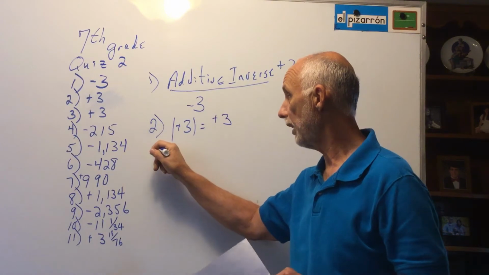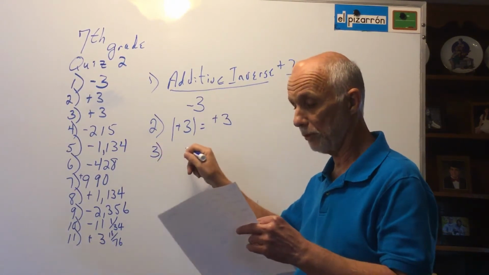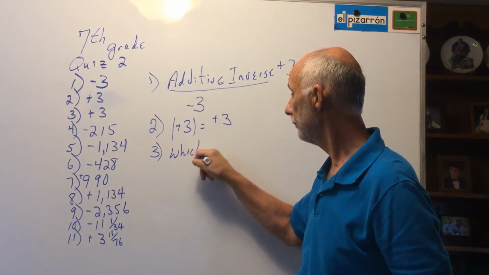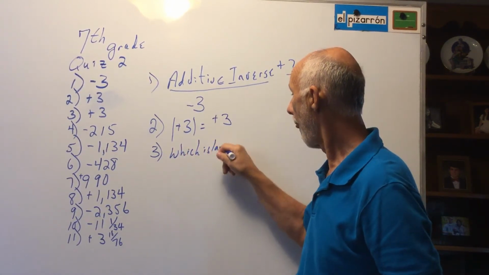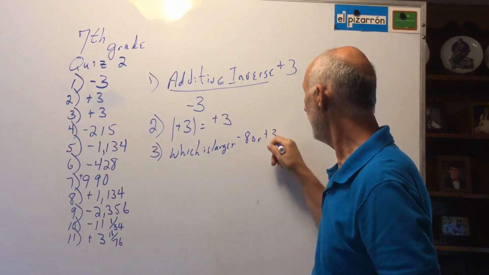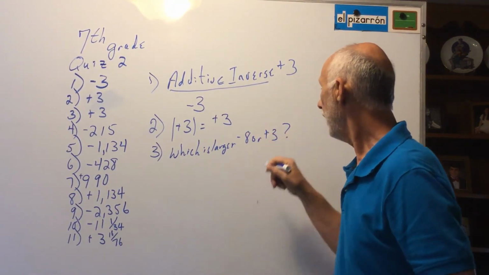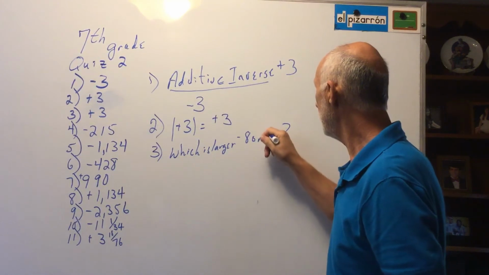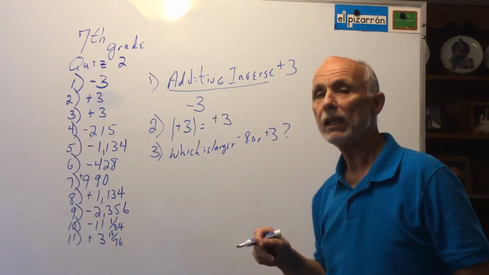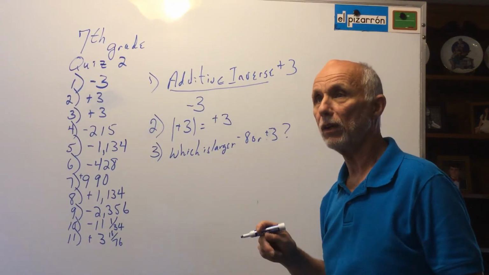And the third one said, which is larger, a negative 8 or a positive 3. And again, I told you the easiest way to do this would be think of positive as having, negative as owing, and the one you'd rather have would always be the largest.